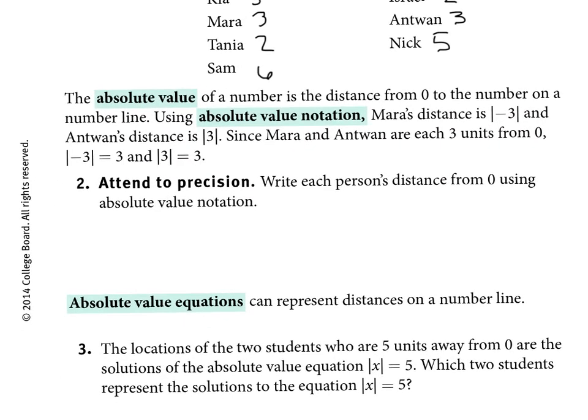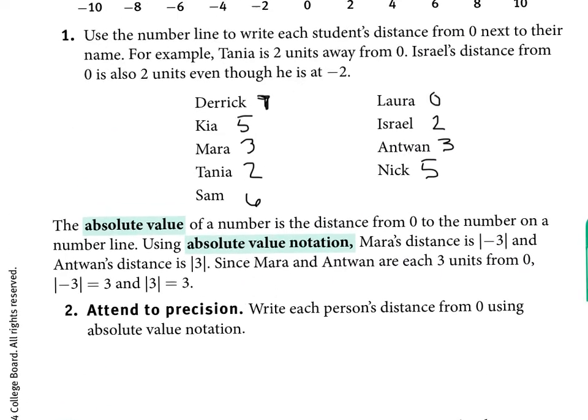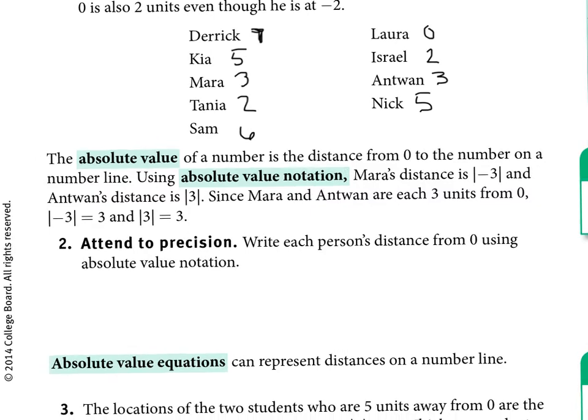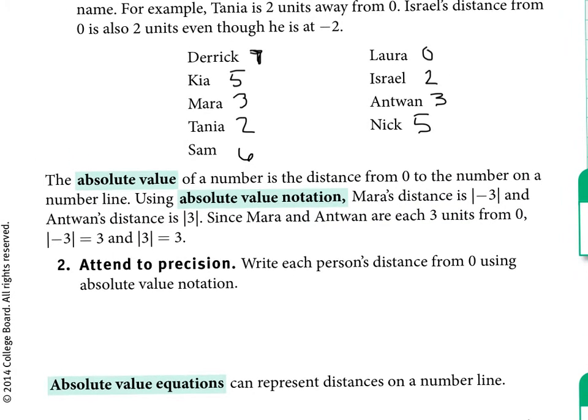Okay, now we're going to go down to number 2. Write each person's distance from 0 using absolute value notation. Just like Mara and Antoine above, you're going to do the same thing. I'll just use D for Derek.